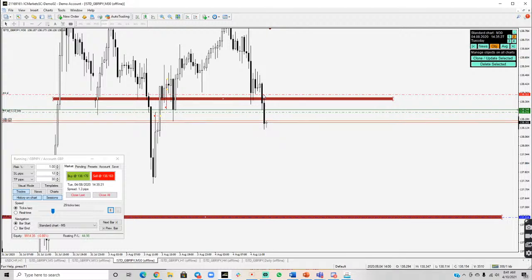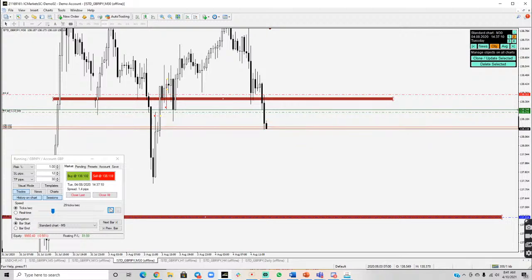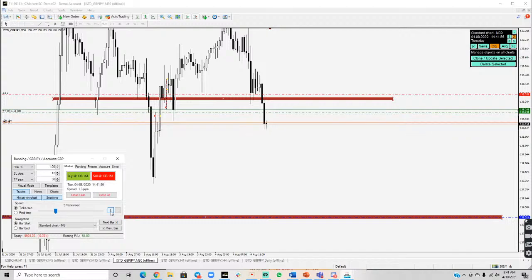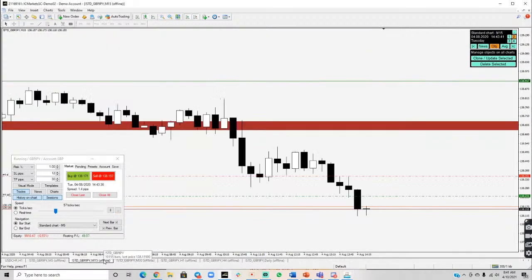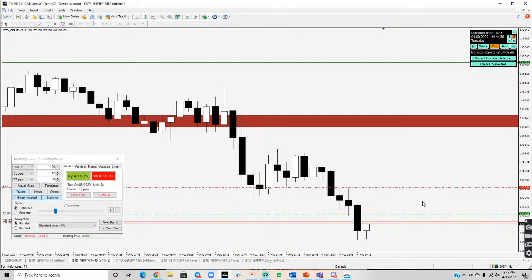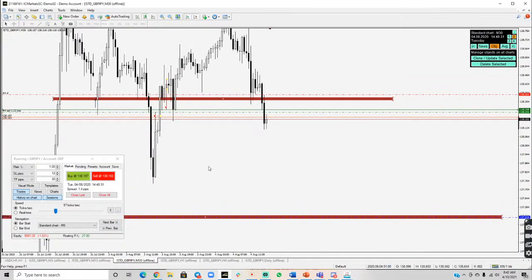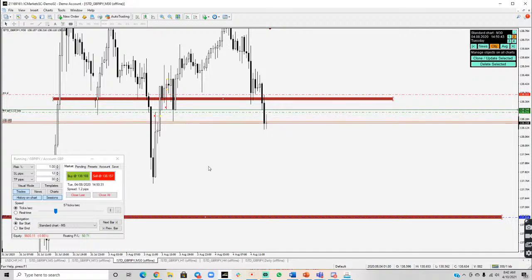And a fake out is when a candle breaks, closes below the range, and then it pulls back and closes inside the range. So let's see if we can get that nice push towards the downside.